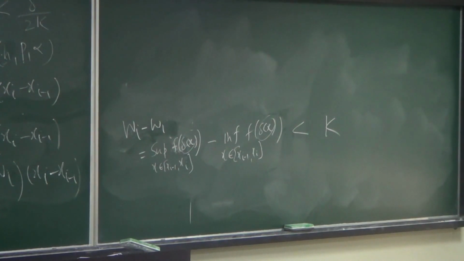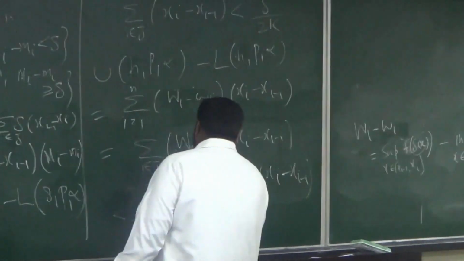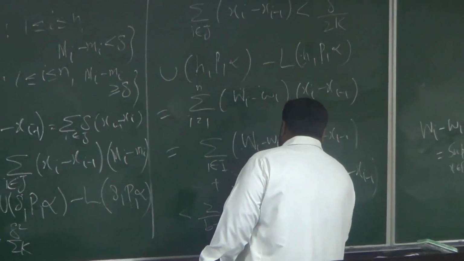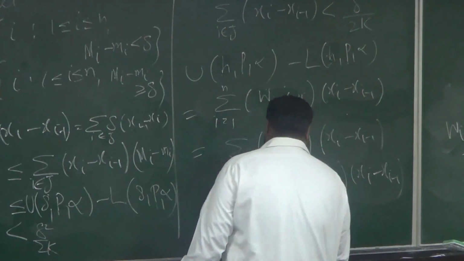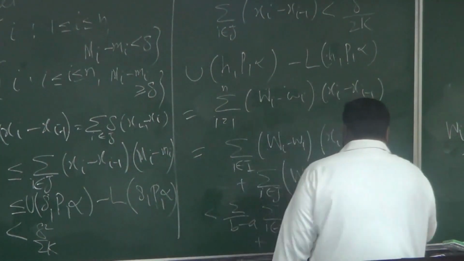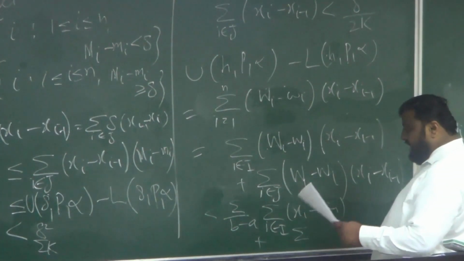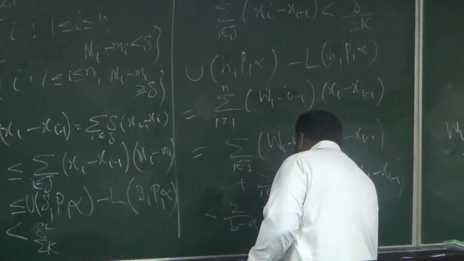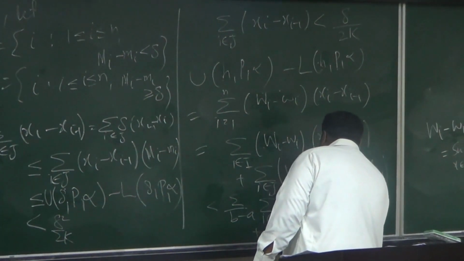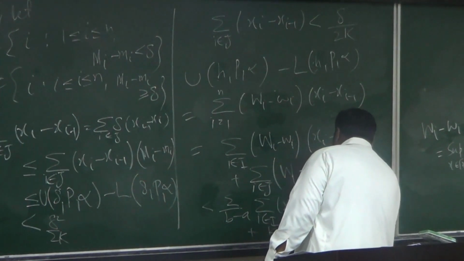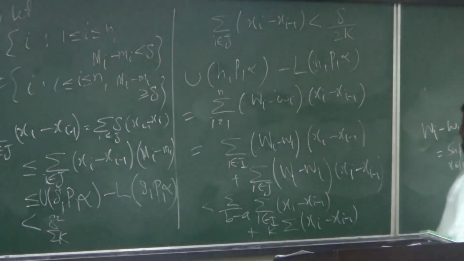So each of these is going to be smaller than epsilon over b minus a times the sum of x_i minus x_{i-1}, where i is in I, plus, on the other we are going to use J, because this is in general, so you're going to have K times the sum of x_i minus x_{i-1}.